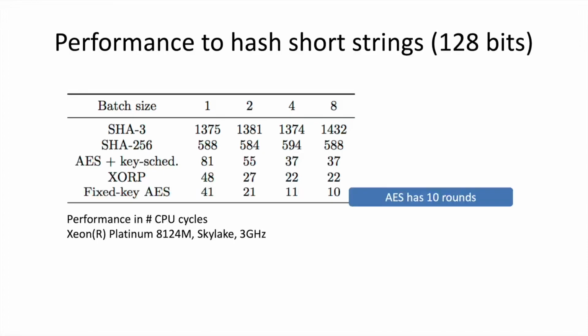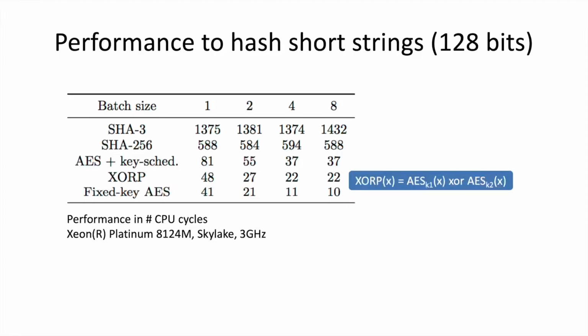For fixed key AES, ultimately we only need 10 cycles per AES call. This is because AES only has 10 rounds, and AES-NI allows us to perform one round of encryption in one cycle. So XRP is something that is indifferentiable from a random oracle. It requires 2 calls to fixed key AES and can hash 128-bit to a random 128-bit string.